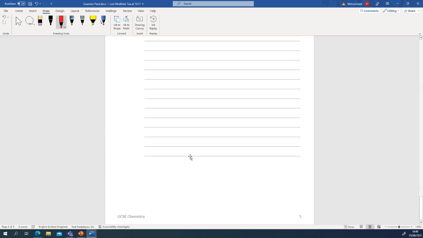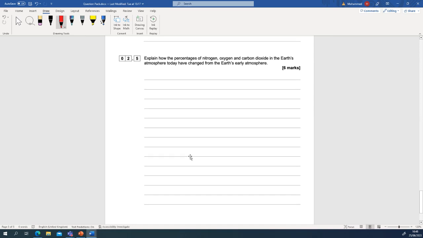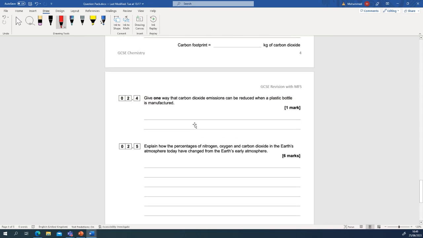And then finally, we've got another extended answer. Now, in an exam, whether you're doing combined science or you're doing separates, this question normally comes up whenever you're asked about Unit 9, Chemistry of the Atmosphere.